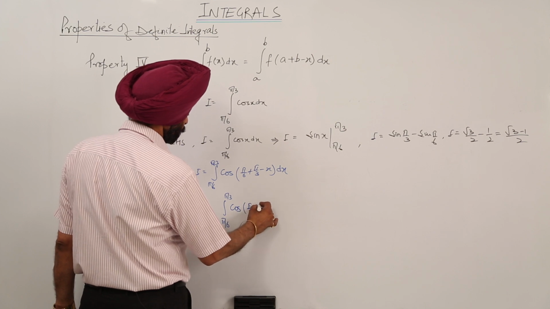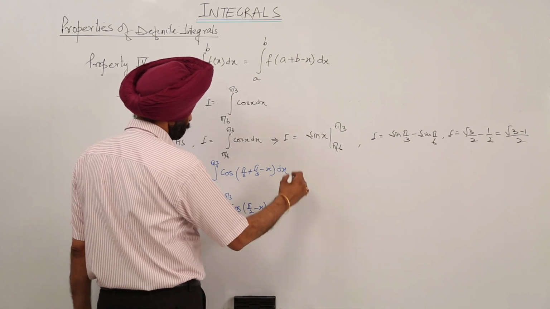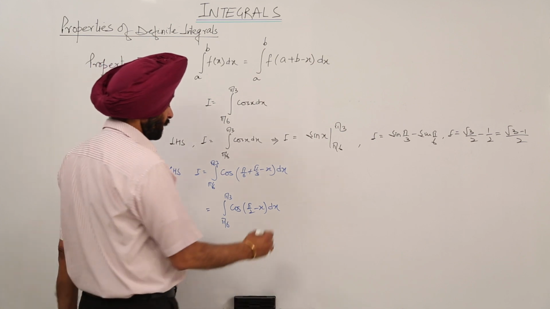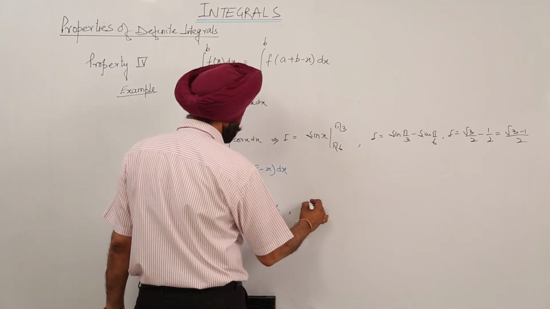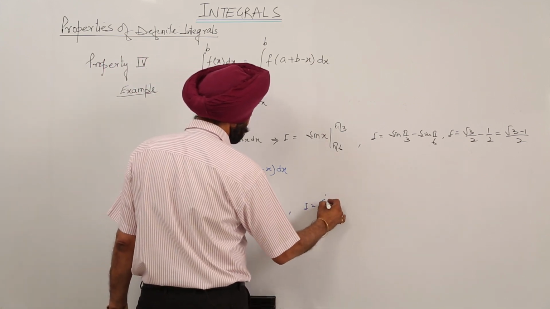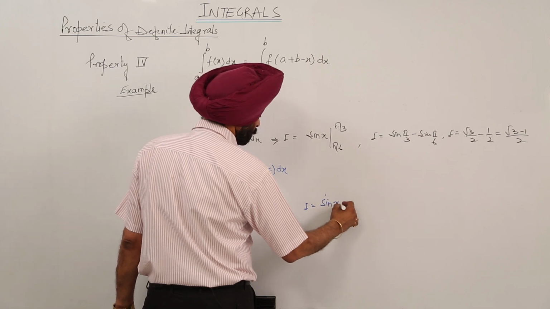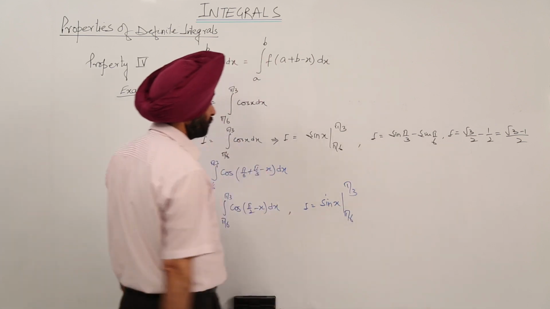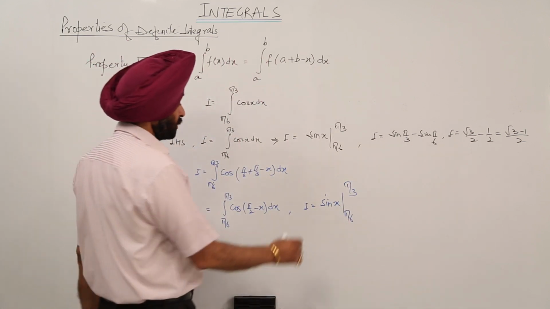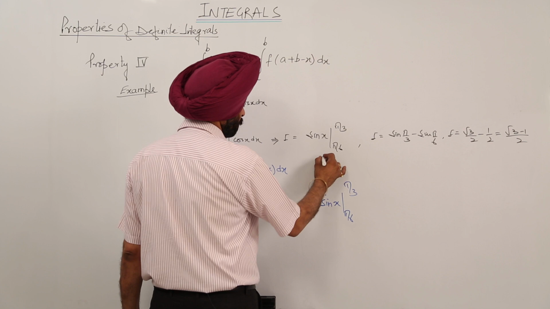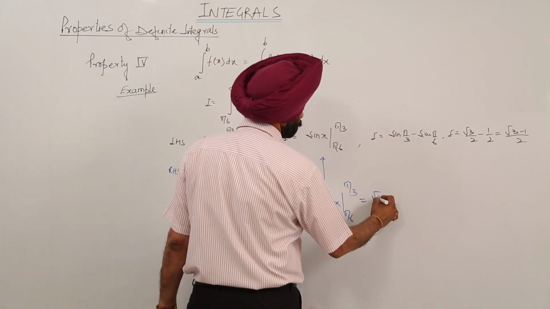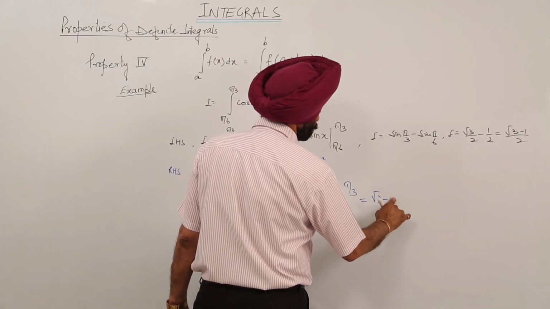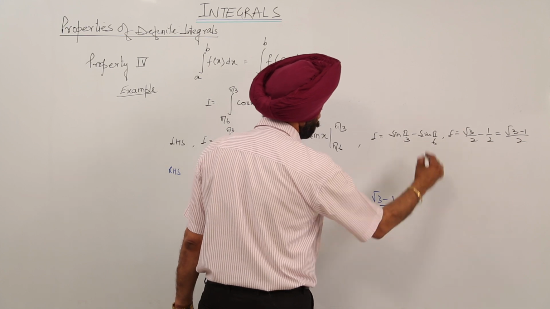Cos of pi by 2 minus x dx, and now this becomes sin x from pi by 6 to pi by 3. Now same thing we are getting, one and the same thing, so this is also root 3 minus 1 upon 2, verified.